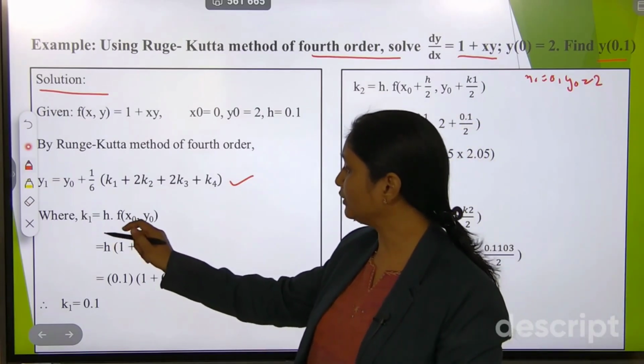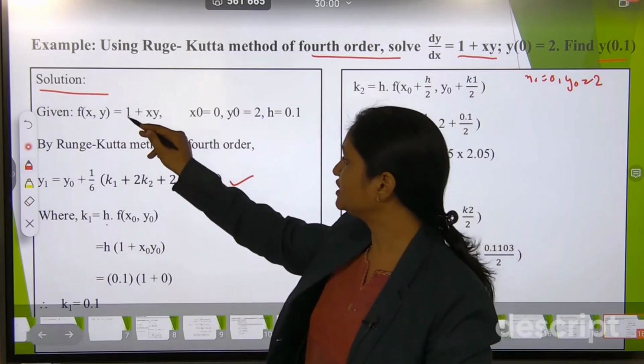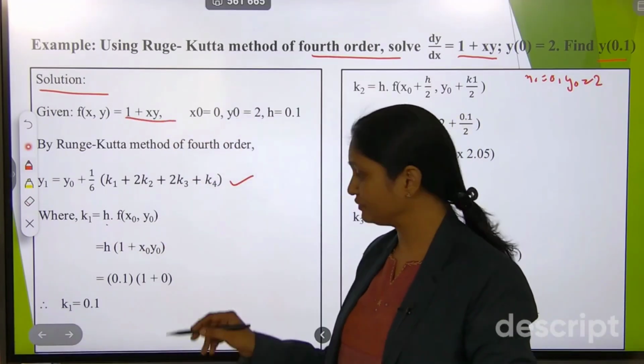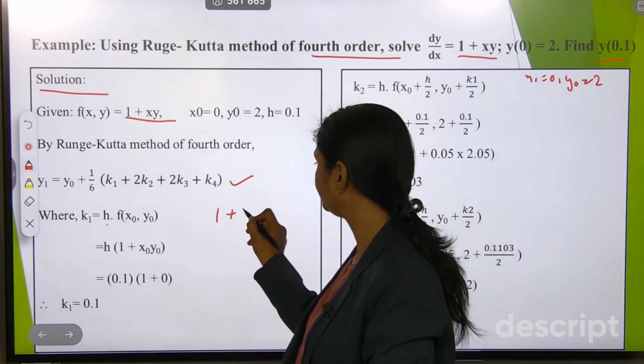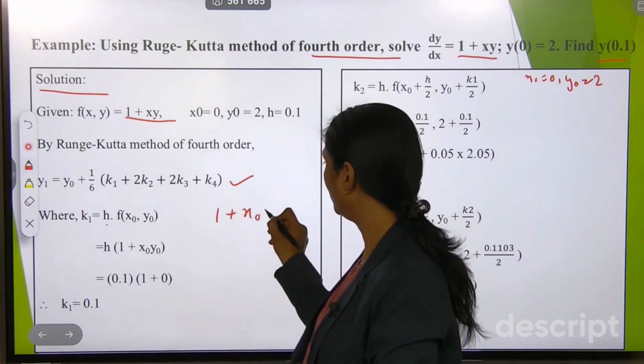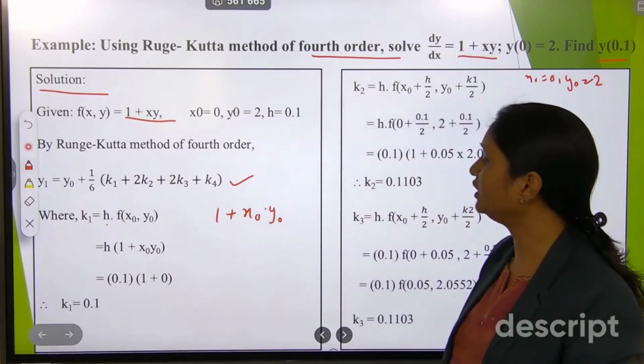Here k1 is calculated by h into f of x0, y0. Now our function is 1 plus xy, so f of x0, y0 will be 1 plus x0 into y0.